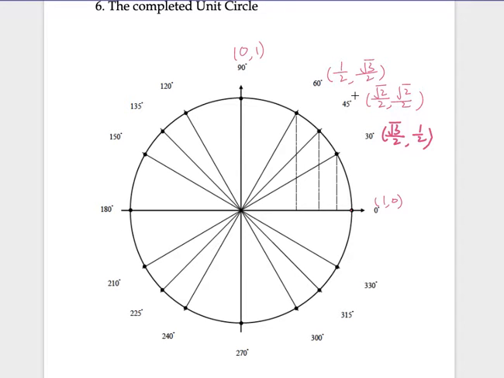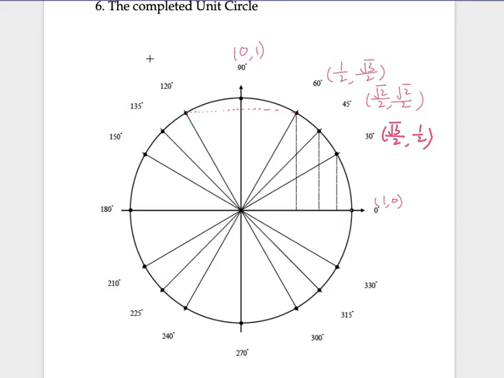So next we are going to come to 120 degrees. If you check very closely, and I'm going to draw a little line here, you will see the 120-degree coordinates are symmetric to 60 degrees. The only difference is x is on the opposite side, but they have the same length of y. So that's why 120 degrees is similar to 60 degrees.